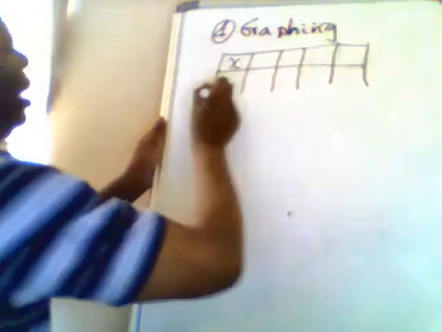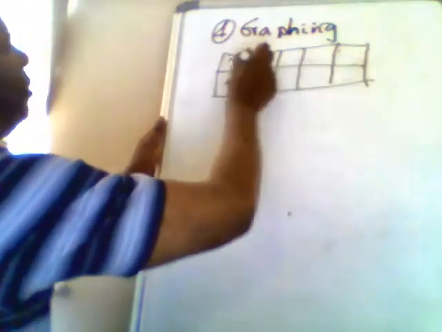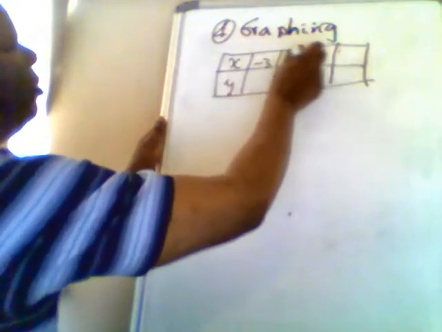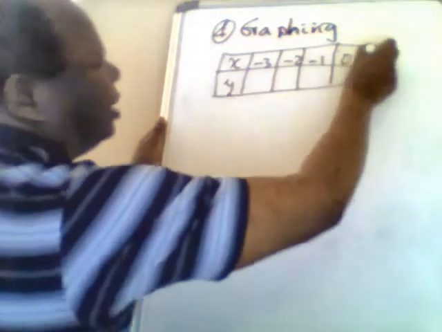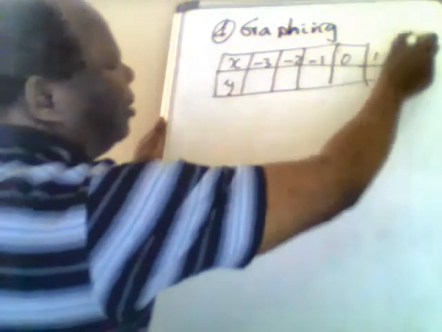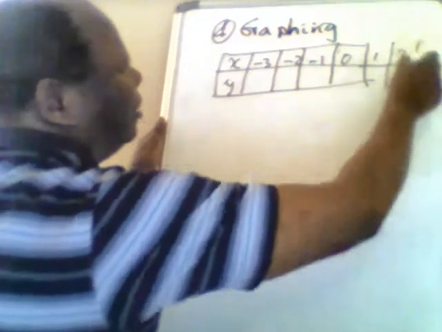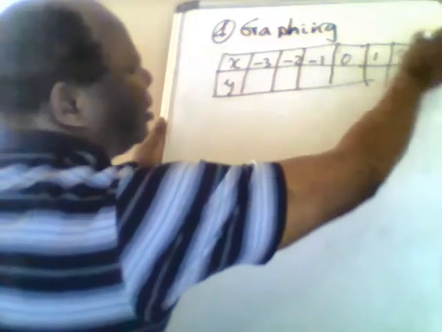They have said x is going to be -3, -2, -1, then you have 0, then 1, then 2, and finally 3.